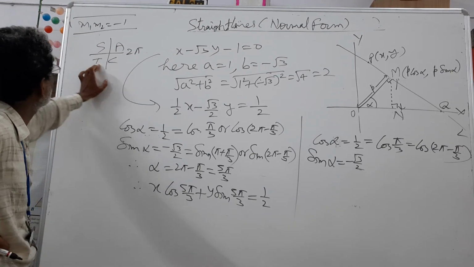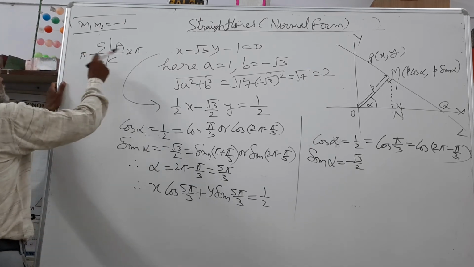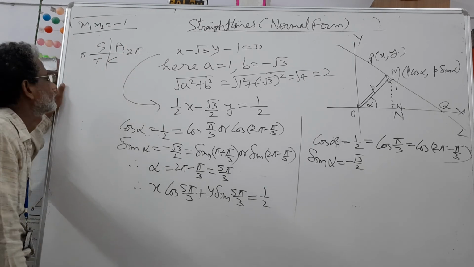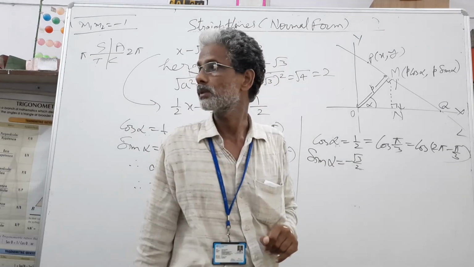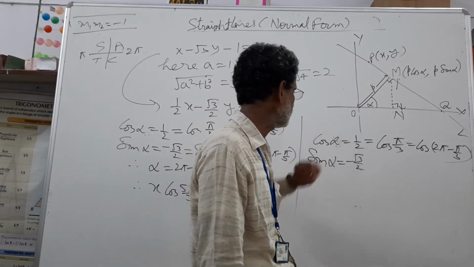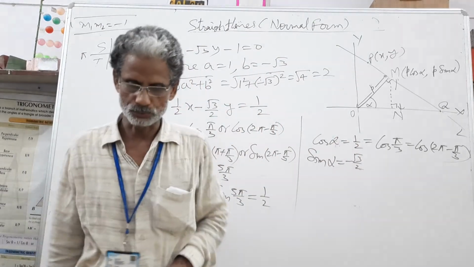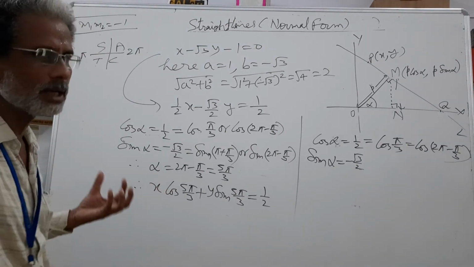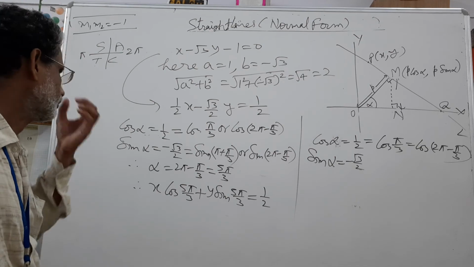In the third quadrant we will go by pi plus, and in the fourth quadrant by 2 pi minus. Ignore the minus sign here. Take only the positive value root 3 by 2. And sin gives root 3 by 2 at 60 degree, that is pi by 3.